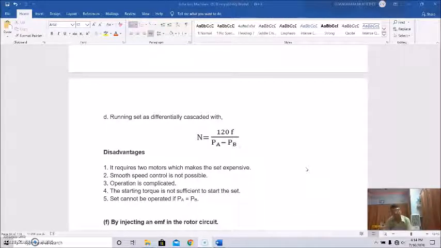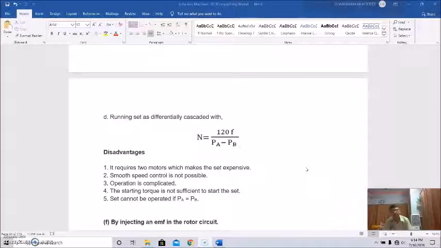Besides that, we discussed the rotor rheostat control method along with the disadvantages of this rotor resistance control method, and now the speed control by operating two motors in cascade mode, and here also we discussed the disadvantages.